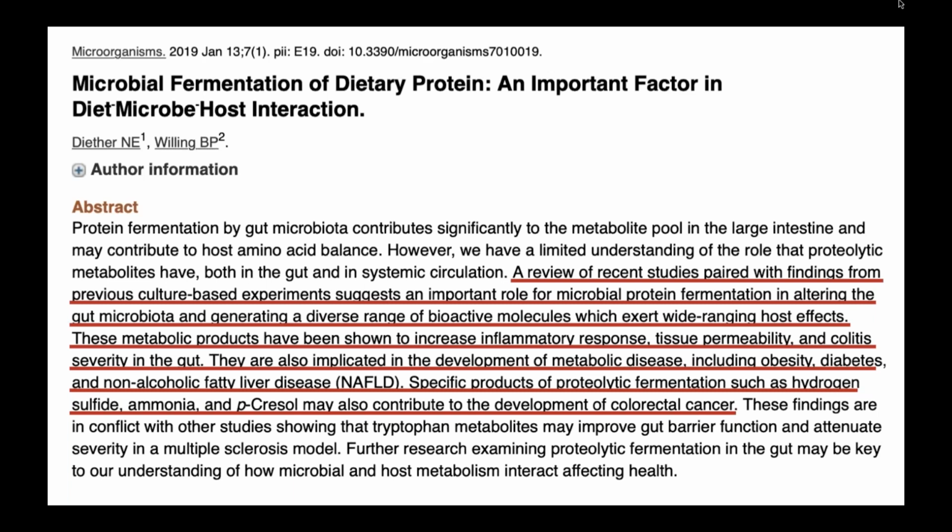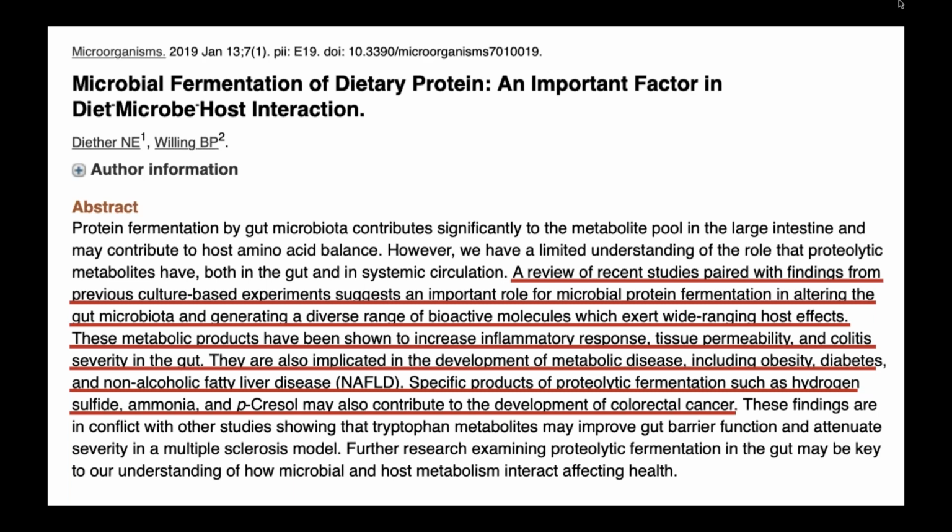So they go on to say in this review: a review of recent studies paired with findings from previous culture-based experiments suggests an important role for microbial protein fermentation in altering the gut microbiota and generating a diverse range of bioactive molecules which exert wide-ranging host effects. These metabolic products have been shown to increase inflammatory response, tissue permeability, and colitis severity in the gut.